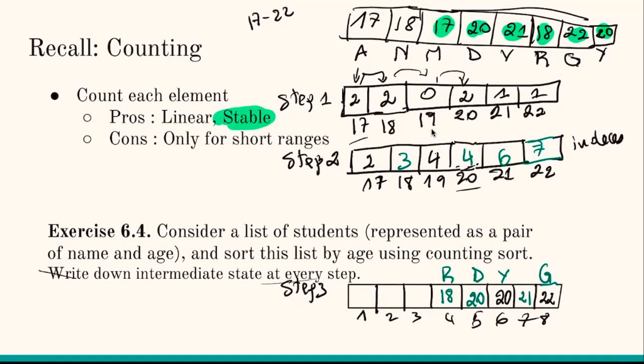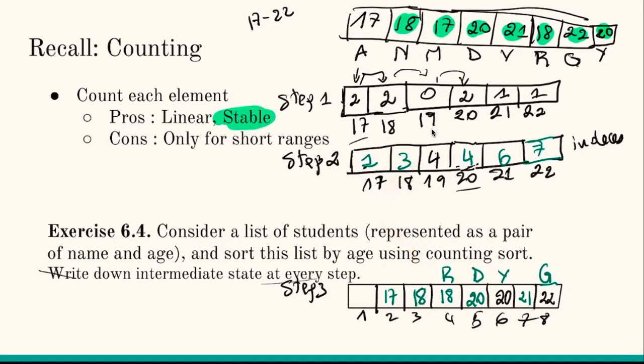I consider the next value, 17. What is the index of 17? The index array tells us that 17 is in the index 2. So I will copy 17 in this index. So I put 17 here, and I decrease this one to 1. The next value that we consider is 18. When I read 18 here, the index is 3. This means I will copy 18 there.